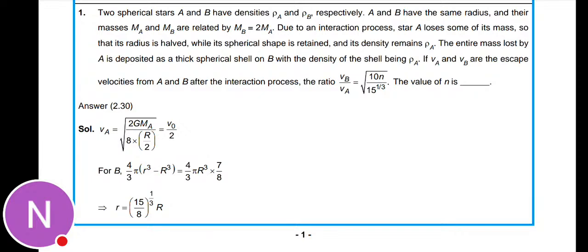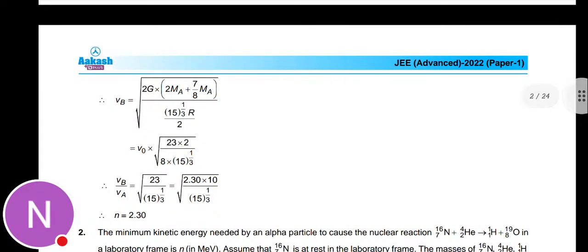So for B, 4 by 3 π into (R cube minus r cube) is equal to 4 by 3 π R cube into 7 by 8, and we'll get r is equal to (15 by 8) to the power 1 by 3 R. So therefore VB is equal to root of 2G into (2MA plus 7 by 8 MA) by ((15 by 8) to the power 1 by 3 R by 2), that is V naught is equal to root 23 into 2 by 8 into 15 to the power 1 by 3.